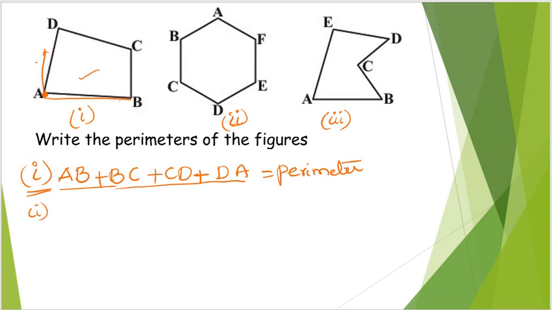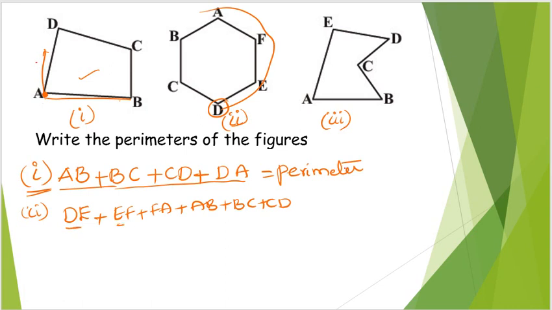Likewise, moving on to the second figure, I can start from anywhere. There is no restriction that I need to start from A only. You may start from D. If you go in the anti-clockwise direction: D, E, F, A, and so on. DE plus EF plus FA plus AB plus BC plus CD. For the complete round, how many distances have we covered?